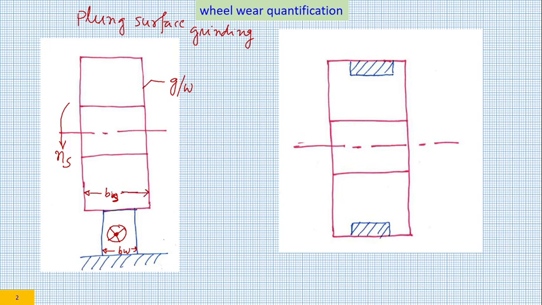Let me write it clearly. So this is BS. The infeed or downfeed has not been shown. This can be shown here as the downfeed. So this structure you know.